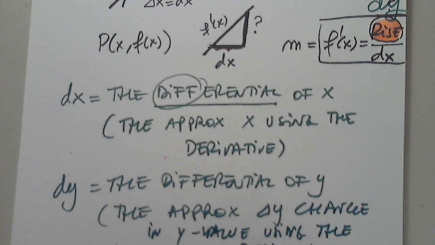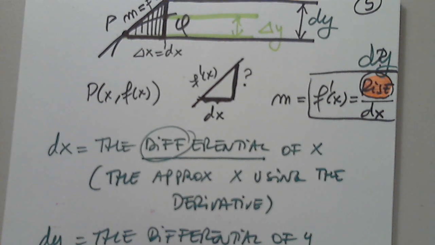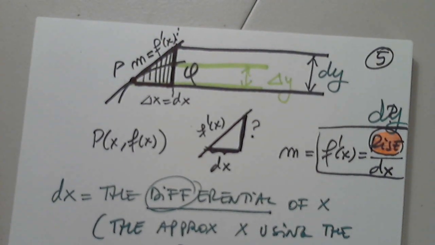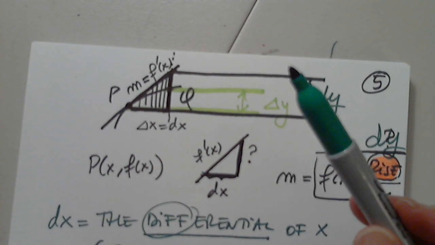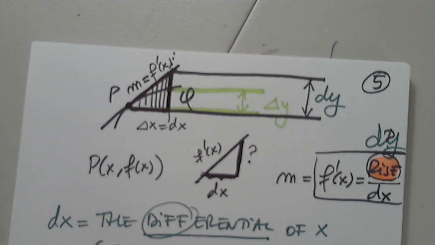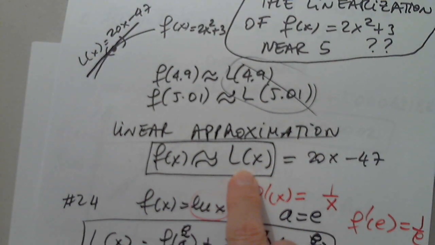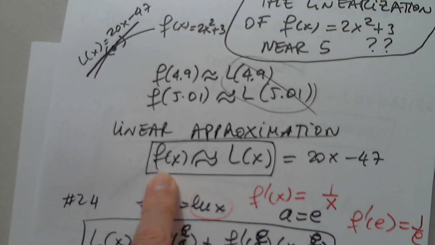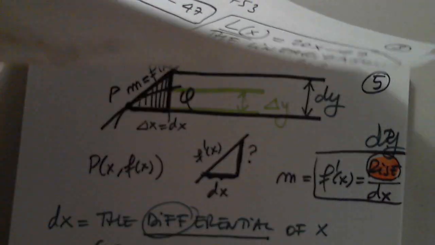Okay, what's the big deal? Nice notations, nice explanation, nice words. What is this all about? It's exactly what we just did with the linearization. The linearization was saying that the line can approximate the function near values, certain value.